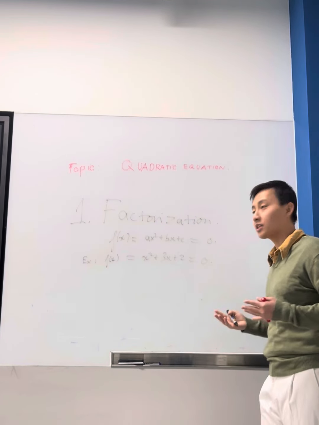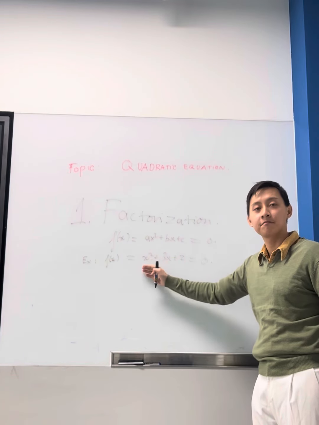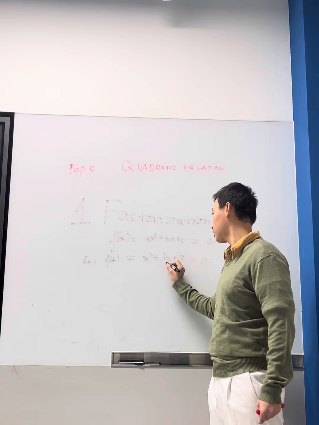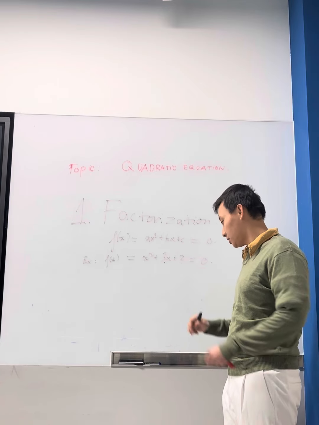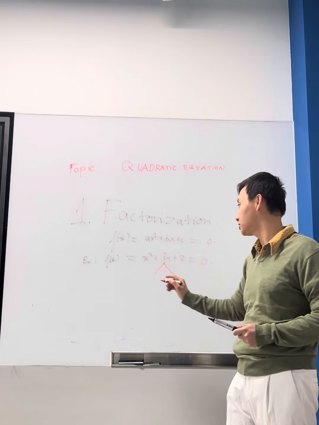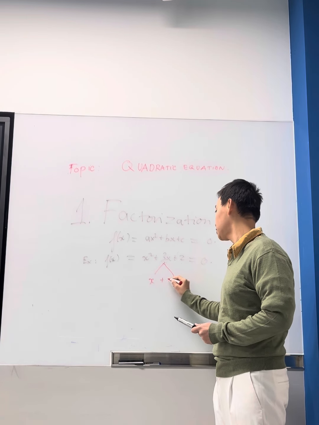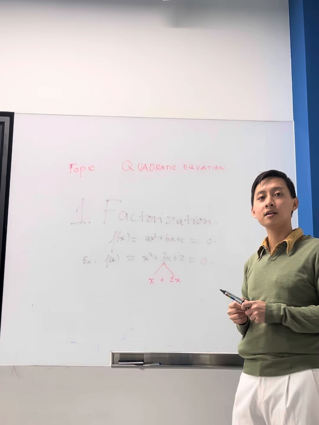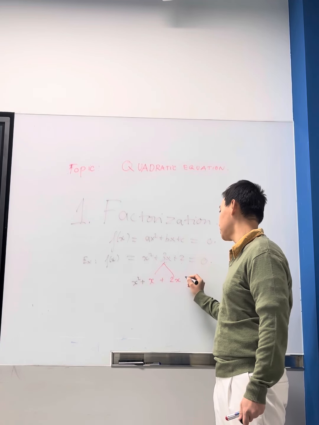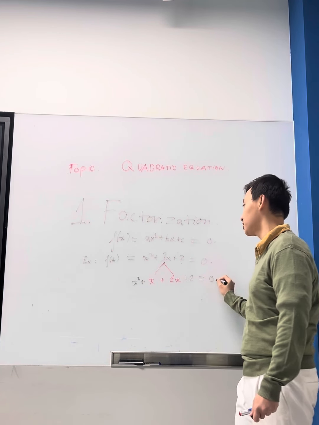The first step is to factorize this equation. I break down 3x into x plus 2x, and then x squared plus x plus 2x plus 2 equal to 0.